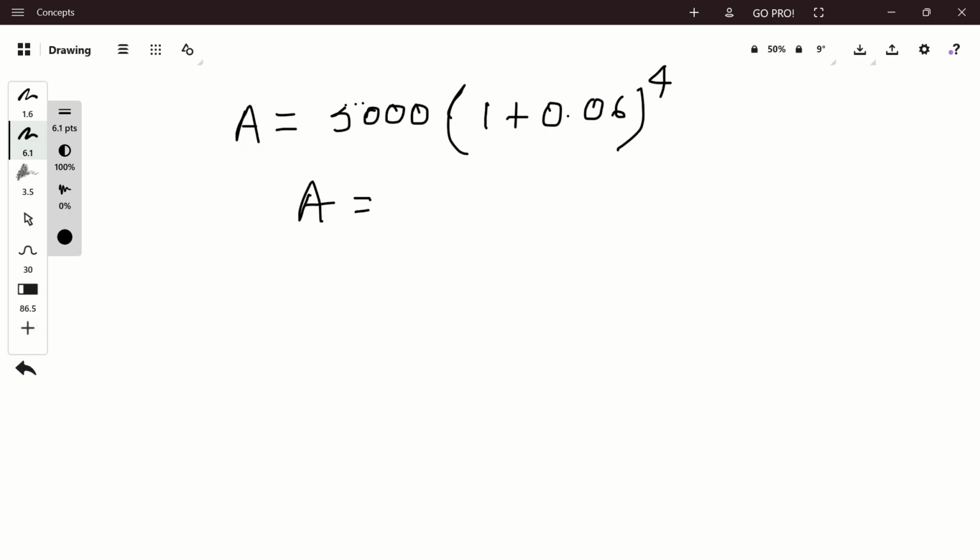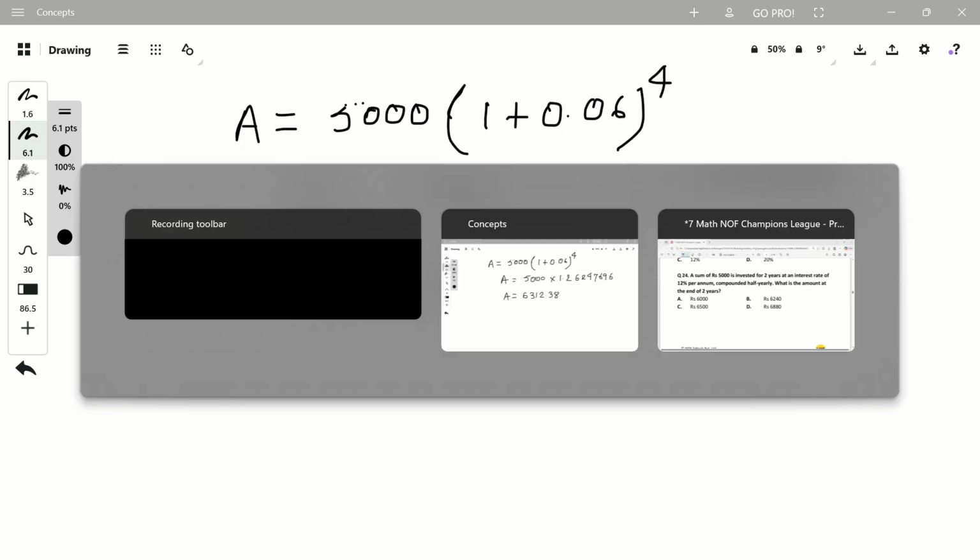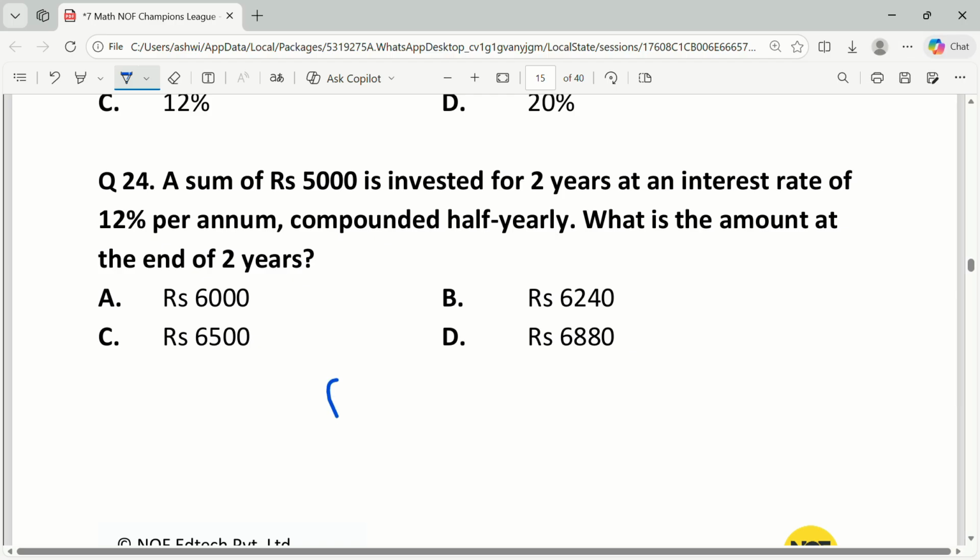That gives us A as 5,000 into 1.26247696, which gives us A as 6312.38. 6312.38 is the closest to option B, 6240. So the answer is B.